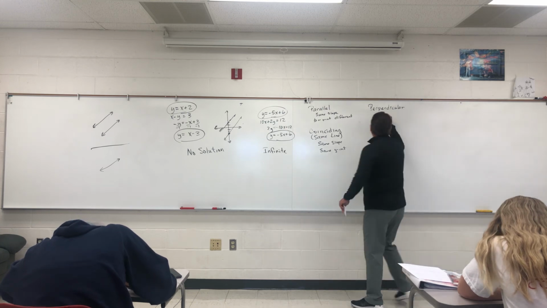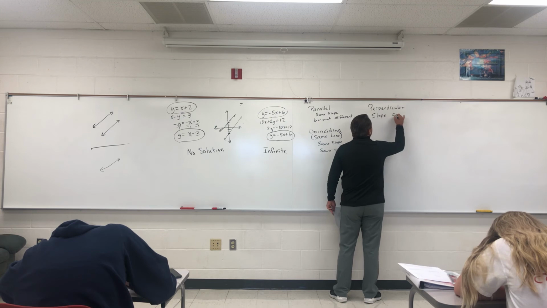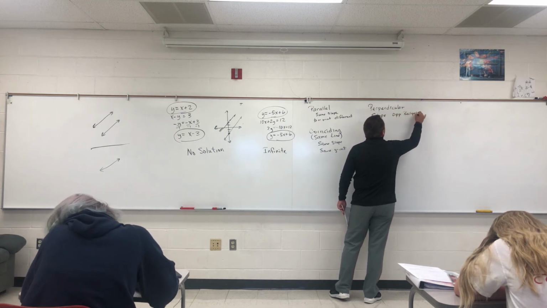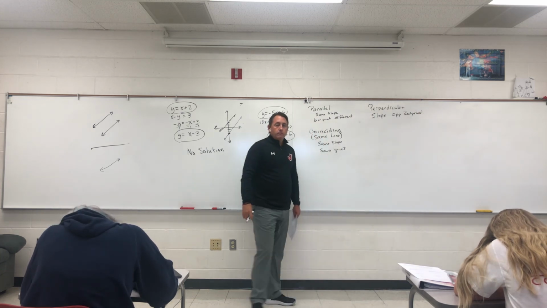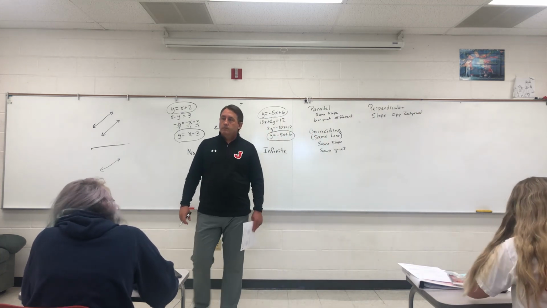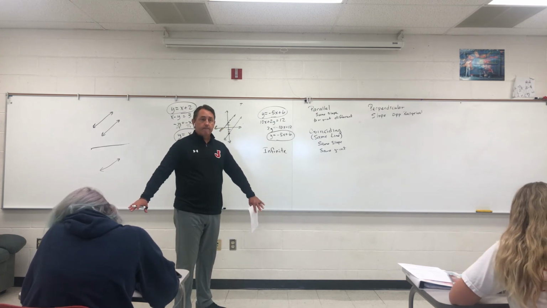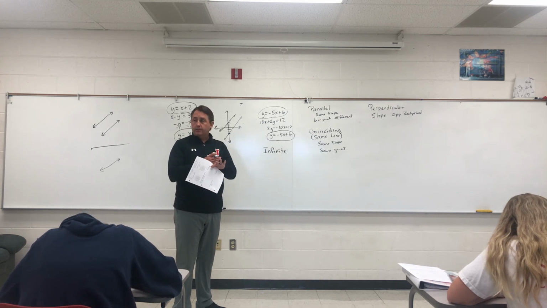So to be perpendicular, the slope has to be the opposite reciprocal. Does it matter what the b is? No, because even if it's the same, they're still perpendicular. Does that make sense, everybody?